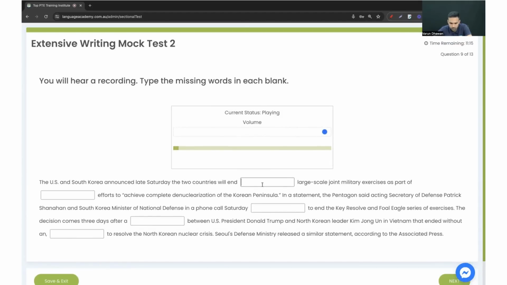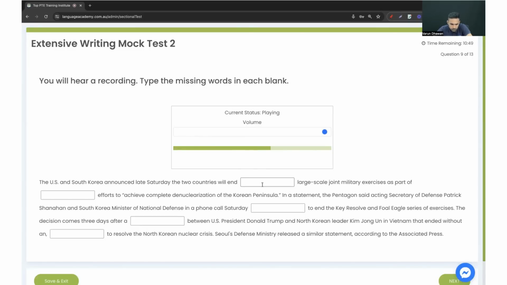The United States and South Korea announced late Saturday the two countries will end annual large-scale joint military exercises as part of diplomatic efforts to achieve complete denuclearization of the Korean Peninsula. In a statement, the Pentagon said Acting Secretary of Defense Patrick Shanahan and South Korea's Minister of National Defense, in a phone call Saturday, decided to end the Key Resolve and Full Eagle series of exercises.